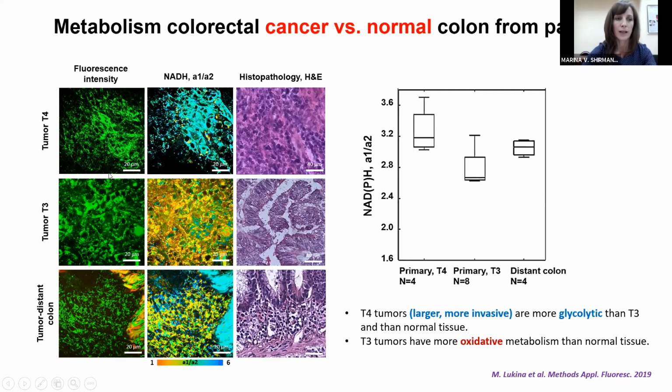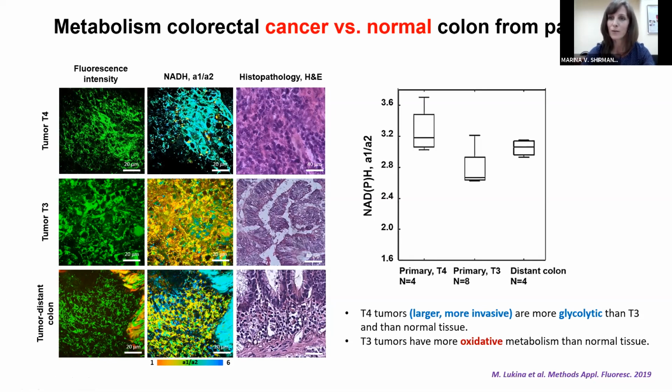So we had tumors of T2 stage, T4 stage, the most aggressive, more invasive tumor, and T3 stage, less aggressive. And if you look at this diagram, you see the ratio of A1 to A2, free to bound, and you see here that tumors of the same type but different stages have different metabolism.